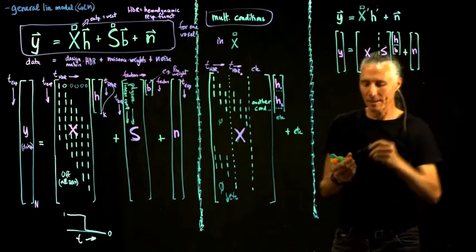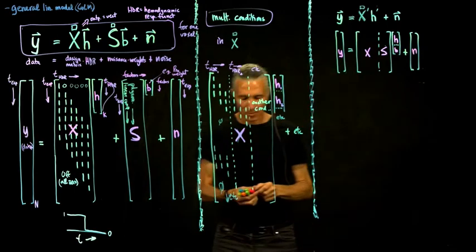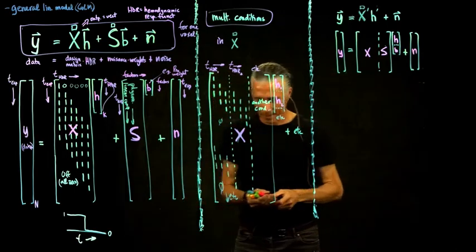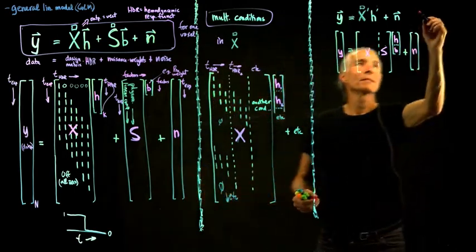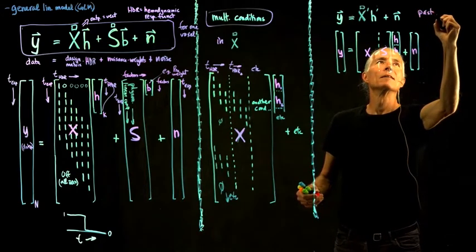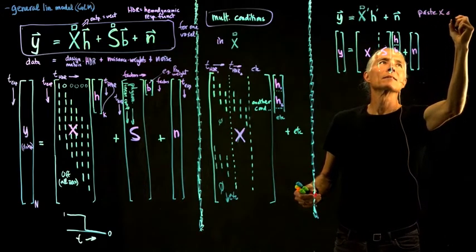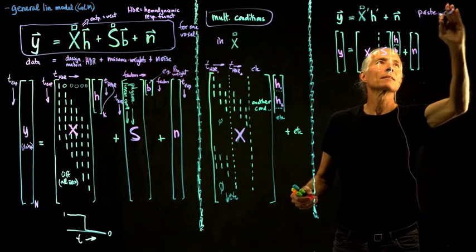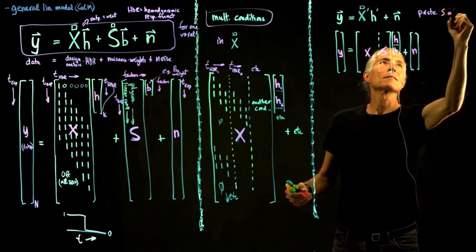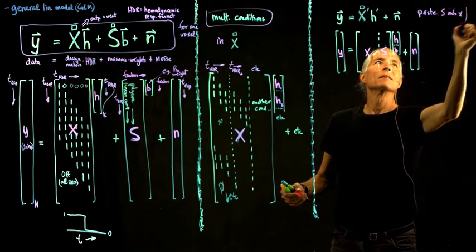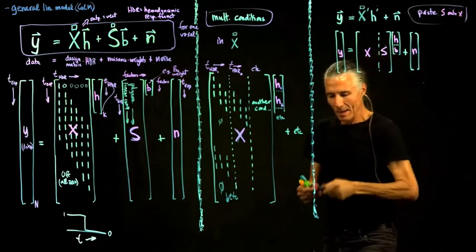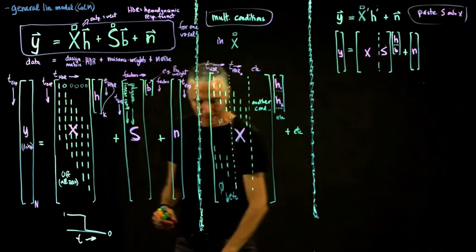It's another way you might see the general linear model written out. So that is paste S onto X.